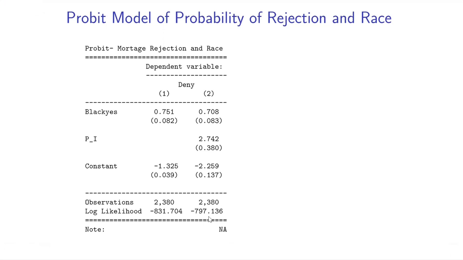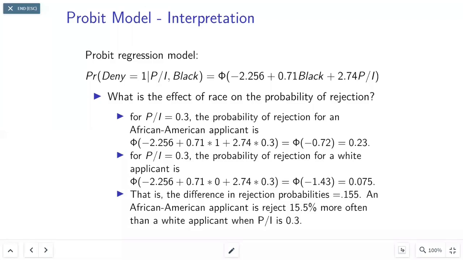Now, how do we measure the marginal effect of X on Y in a Probit model? We can evaluate the marginal effect of X on Y based on a specific value for X. For example, how do we measure the effect of race on the probability of rejection? The left-hand side of the Probit model is a conditional probability of application denied equals to 1 given PI and the black dummy.